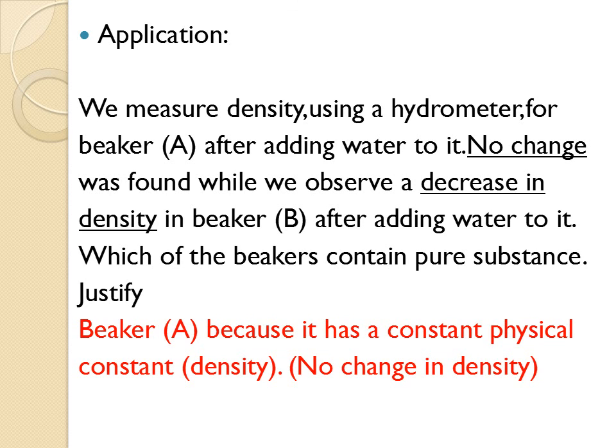Beaker A contains a pure substance. Why? Because it has a constant density. It has fixed physical properties, physical constants, because the density didn't change. Because of that, we know that beaker A is a pure substance, while beaker B contains a mixture, since in beaker B there was a decrease in density.